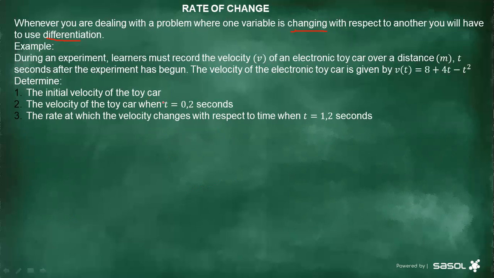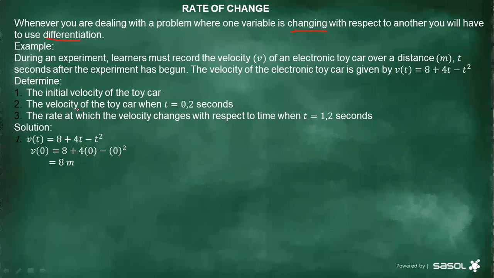How do we answer that? This is the formula, but where you see T is 0, because the car hasn't started, so the time is still 0. Hence the initial. So we just press calculate and get 80 meters per second there.